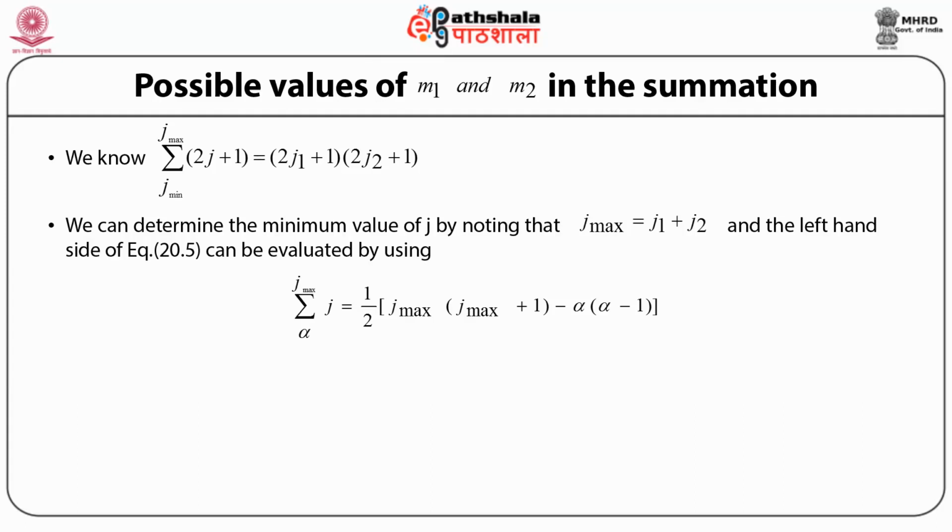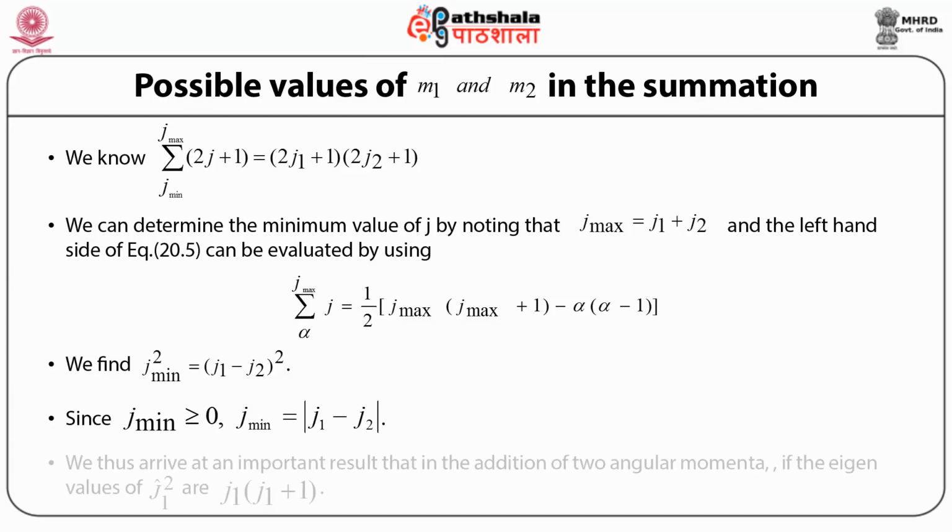Using this relation in equation 5, we find that J min square is equal to J1 minus J2 whole square. Since J min is greater than or equal to 0, J min is equal to modulus of J1 minus J2.